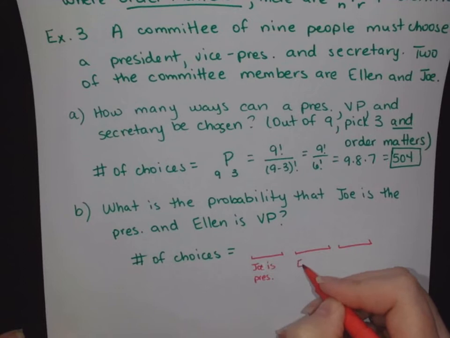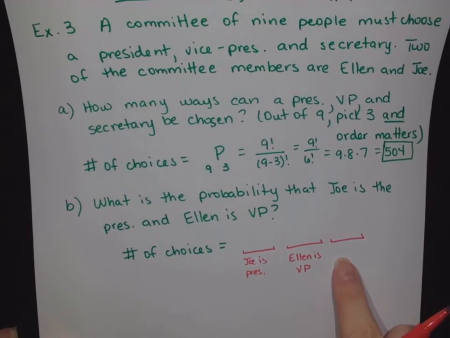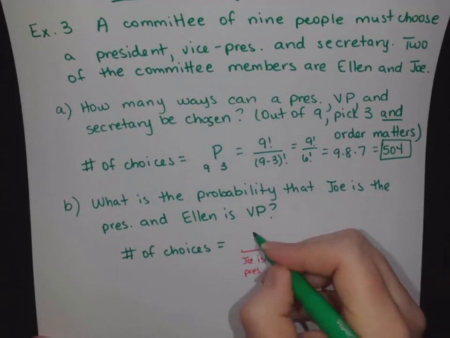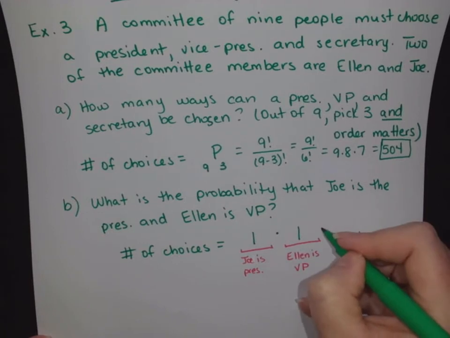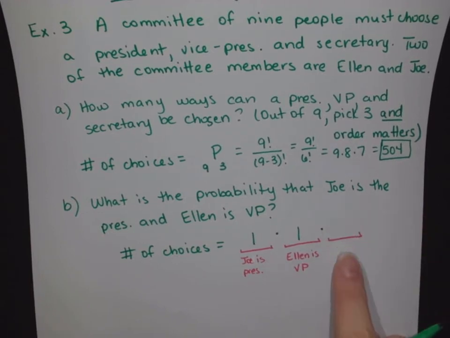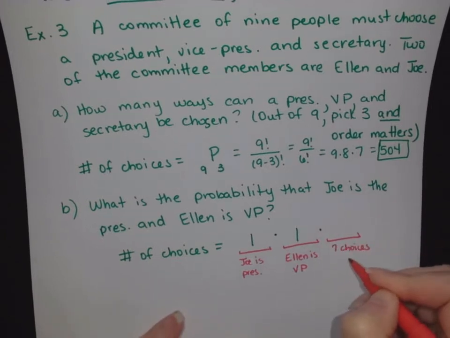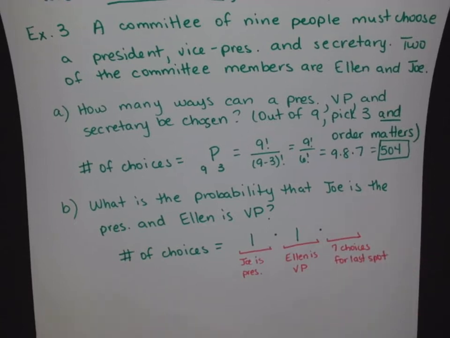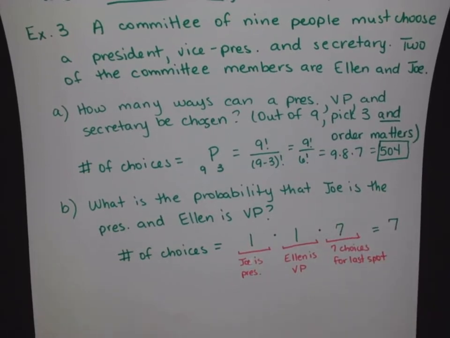The second is we want Ellen to be VP. But then notice we don't care who is in this last spot. So there's only one possibility where Joe is president, and only one possibility where Ellen is VP. But then how many choices do we have for this spot? There are 7 choices left because there were 9 people. So there should be a 7 here.